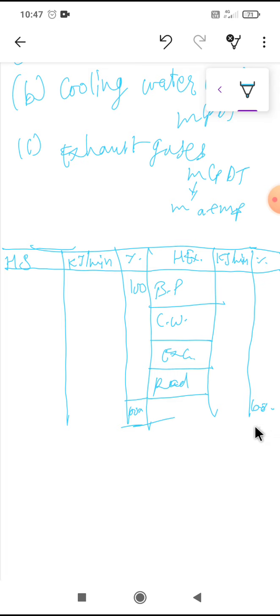So this total should match, 100 and 100%. So this is the balance sheet, which we call the heat balance sheet. This is similar to the money balance sheet, but here instead of money we are just taking account of heat. So I hope you understood this whole balance sheet.